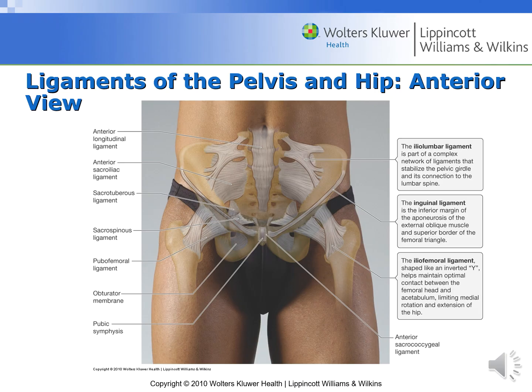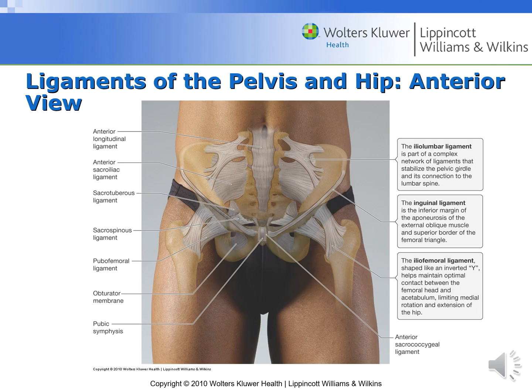From the left-hand side, the iliolumbar ligament is part of the complex network of ligaments that stabilize the pelvic girdle and its connection to the lumbar spine. The inguinal ligament is the inferior margin of the aponeurosis of the external oblique muscle and superior border of the femoral triangle.